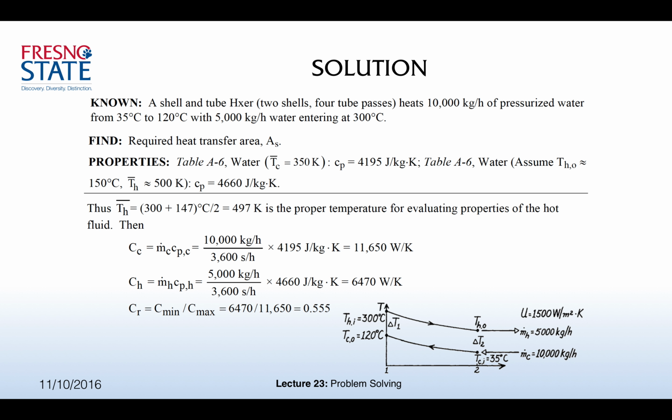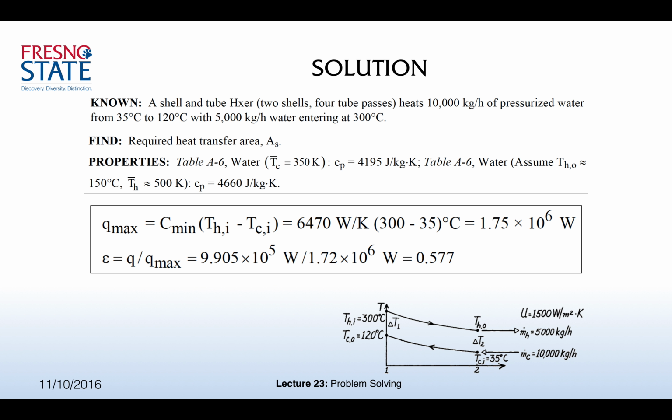So C minimum, I'm going to use it to calculate my Q maximum right now. So Q maximum is C minimum times the maximum possible temperature difference. So the highest temperature in the cycle minus the lowest temperature in the cycle: T hot in minus T cold in.